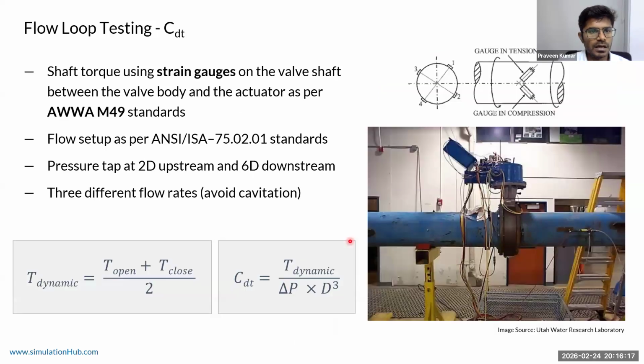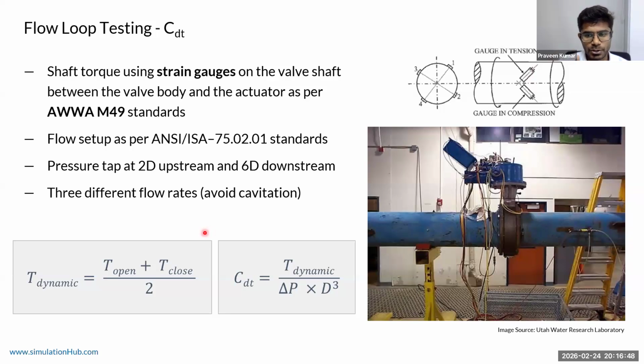Talking about CDT, the test setup remains the same, the 2D, 6D and all those things remain the same. Additionally, there are a few formulas given in the AWWA M49 standard, where you install strain gauges on the valve shaft, and that will provide you the opening torque and closing torque.